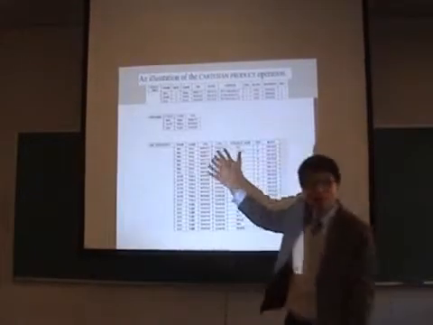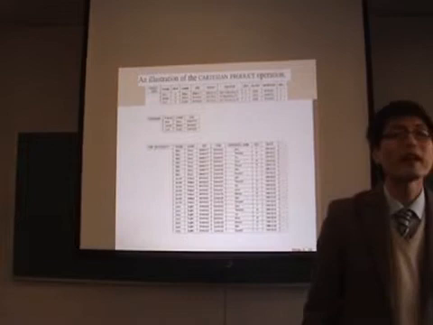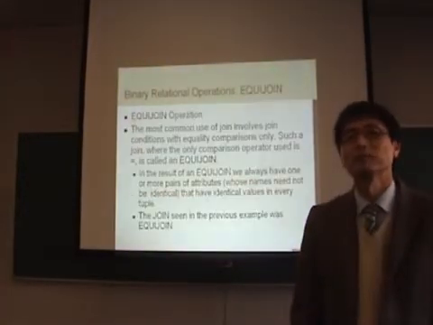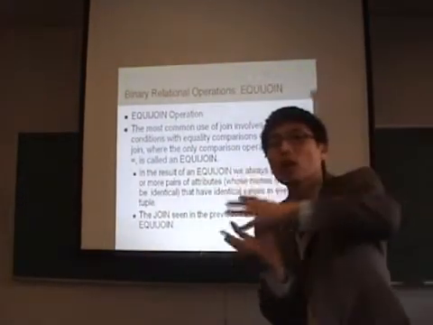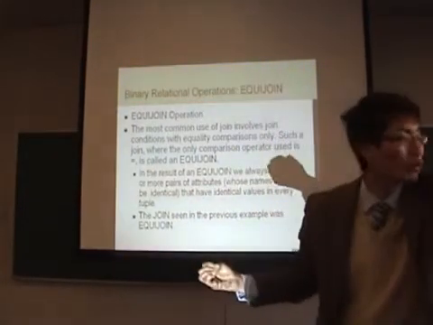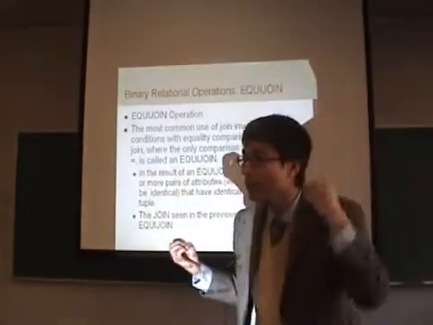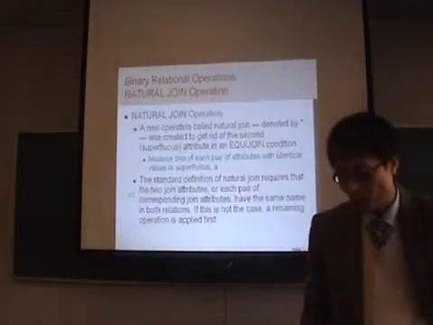That doesn't happen frequently. Many cases use the equality condition. Why? Because we are using the foreign key to connect. When we divide one relation into two, we create a foreign key, right? So equijoin is the most popular.